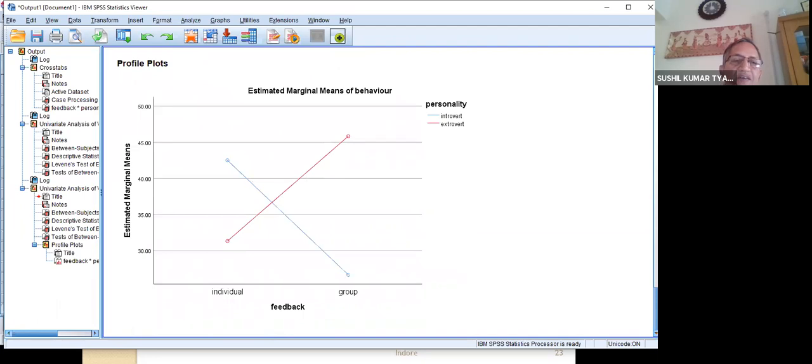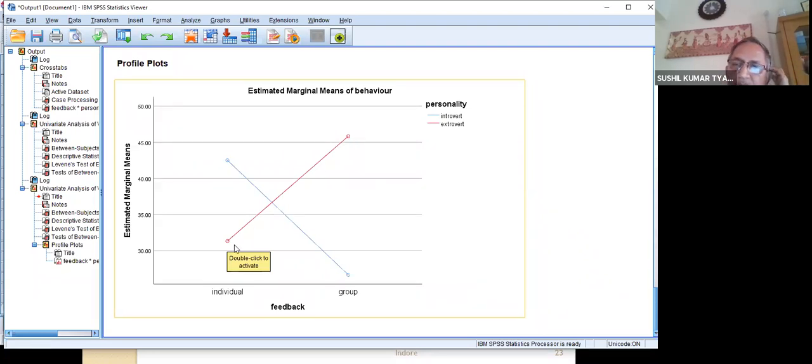Now you can see this graph. This is individual feedback, group feedback. People who have been given feedback individually, feedback given in group. And we want to see whether behavior has improved or not. This is introvert, the blue line is introvert and this line is extrovert. So this is the simplest form of the interaction graph.